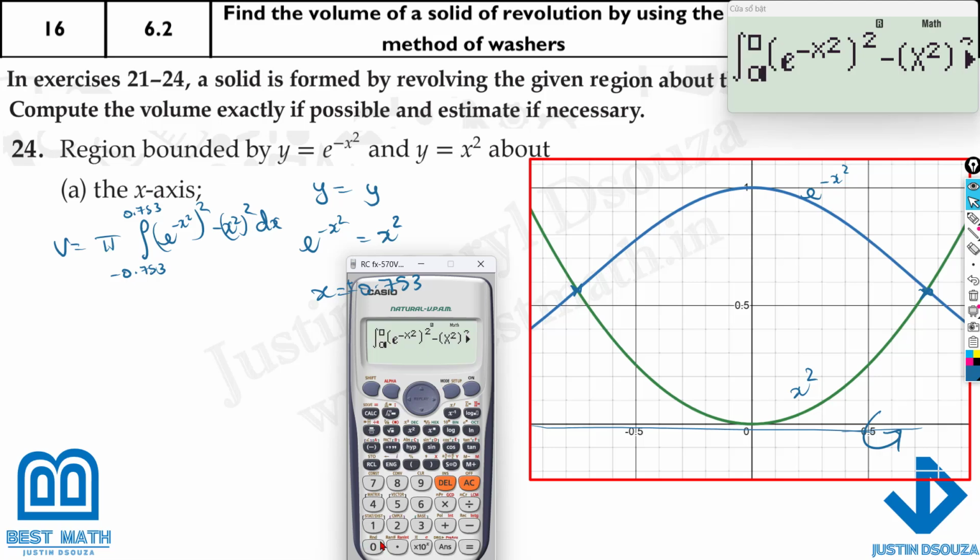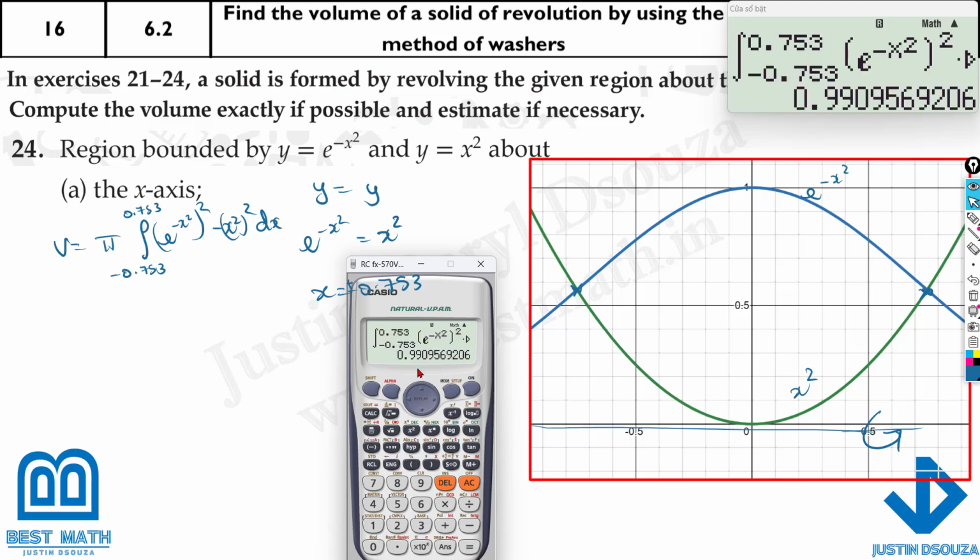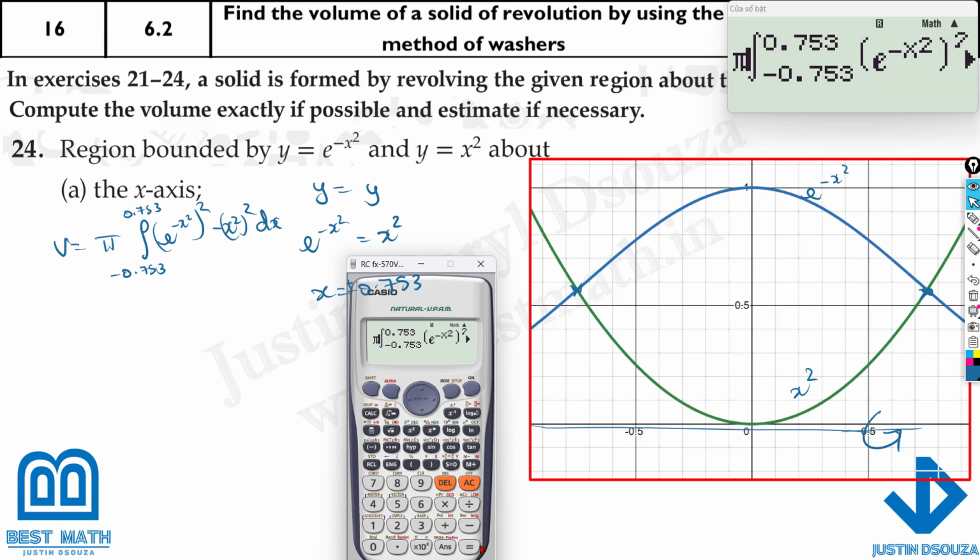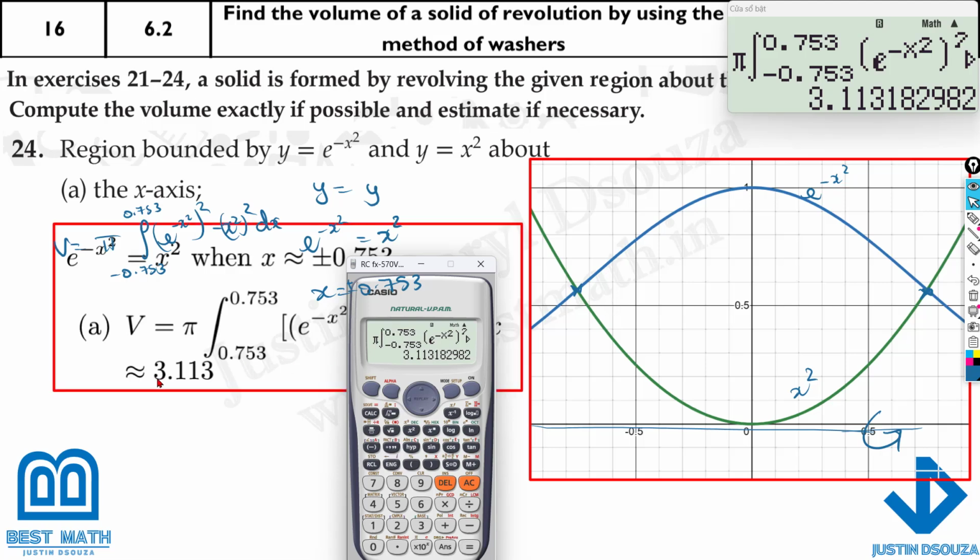And the limits are minus 0.753, and over here also 0.753. That is it. You will get 0.99, but this is to be multiplied by pi, which gives less than 3.14. It's 3.1131. This is the final answer. As you can see, it's 3.113.